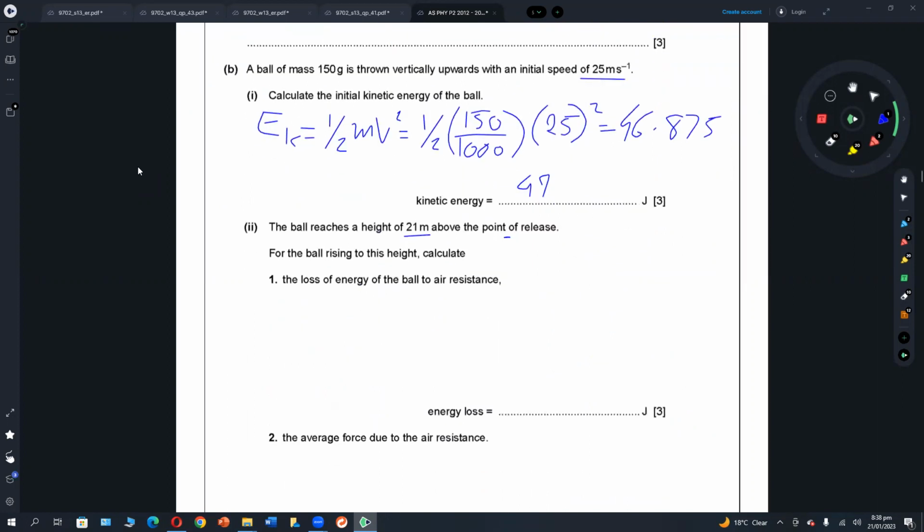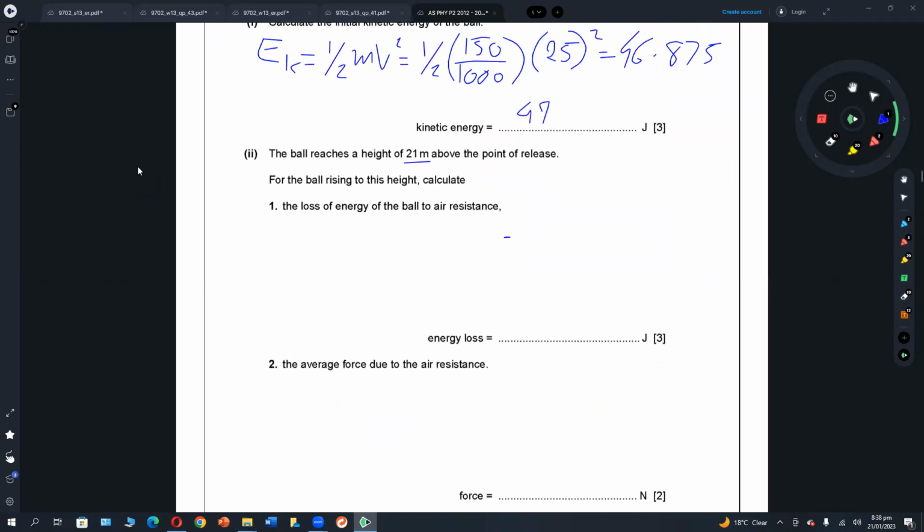So the ball is thrown vertically upward with an initial speed of 25. The ball reaches a height of 21 meter above the point of release. So I have the distance. For the ball rising to this height, calculate the loss of energy.